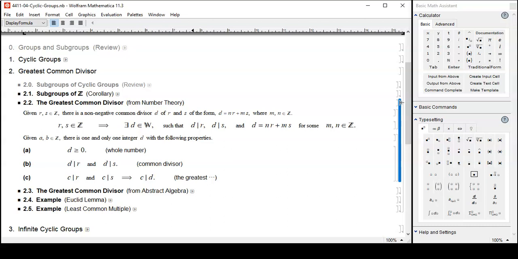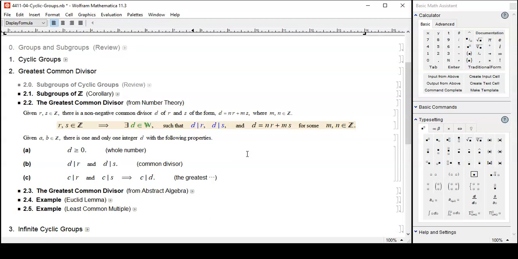What do you mean by the idea? Well, let's analyze this. Given a pair of integers r and s, there is a non-negative common divisor d. Non-negative, so d must be coming from whole numbers. And common divisor, so it divides r and also divides s.